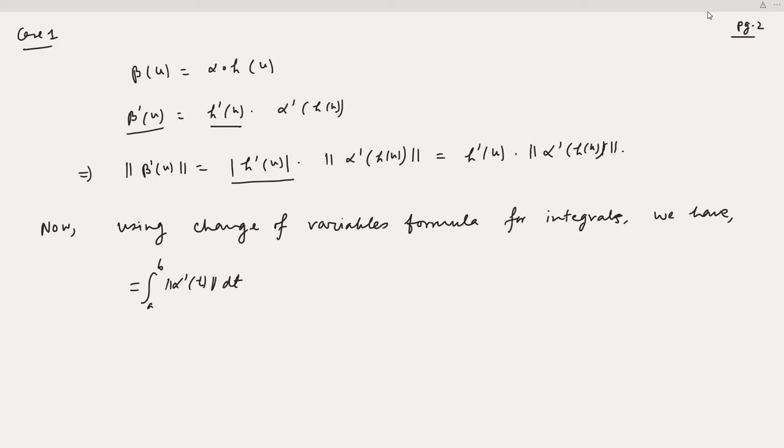Okay, this is equal to the length of alpha.